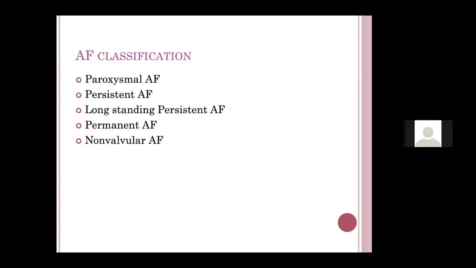In some classifications, a mechanical valve is still considered valvular AF, but for all practical purposes, both mechanical and bioprosthetic valves are considered non-valvular AF. But still, we do not give novel oral anticoagulants for this, because in some classifications it is still considered valvular AF.